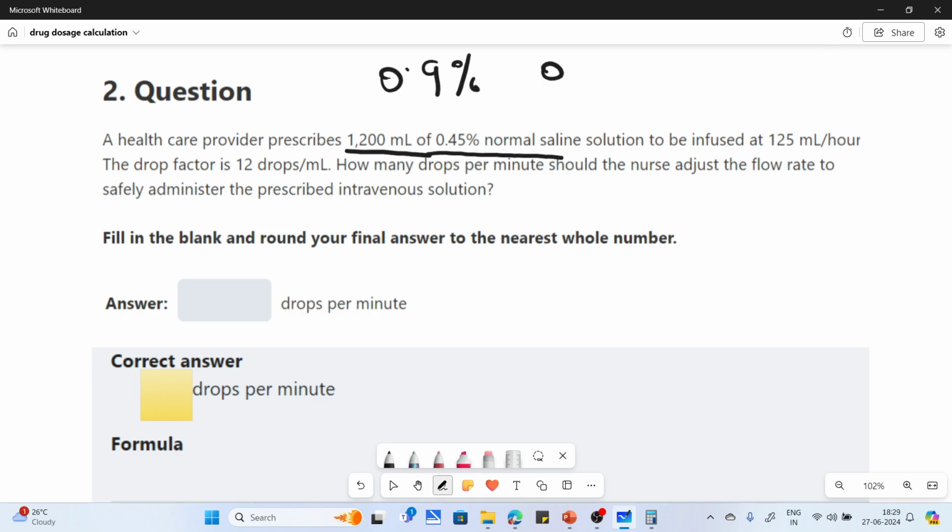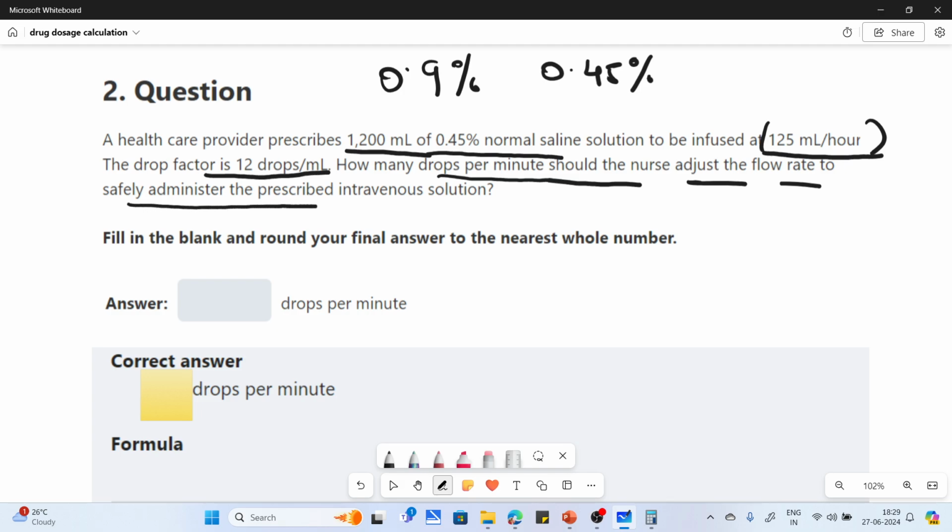Half NS is how much? 0.45% is what we call half NS. So the healthcare provider prescribes 1200 ml of normal saline to be infused at the rate of 125 ml per hour, and the drop factor is 12 drops per ml. How many drops per minute should the nurse adjust the flow rate to safely administer the prescribed intravenous solution?